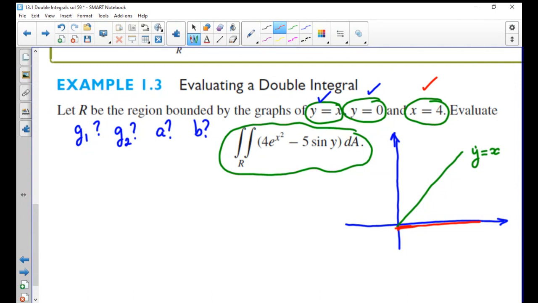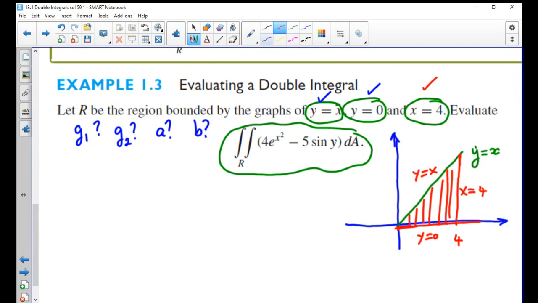What line is x equals 4? It's a vertical line, parallel to the y-axis, vertical at x equals 4 like this. So this is our region. x equals 4 is here, y equals 0 is here, y equals x is here.